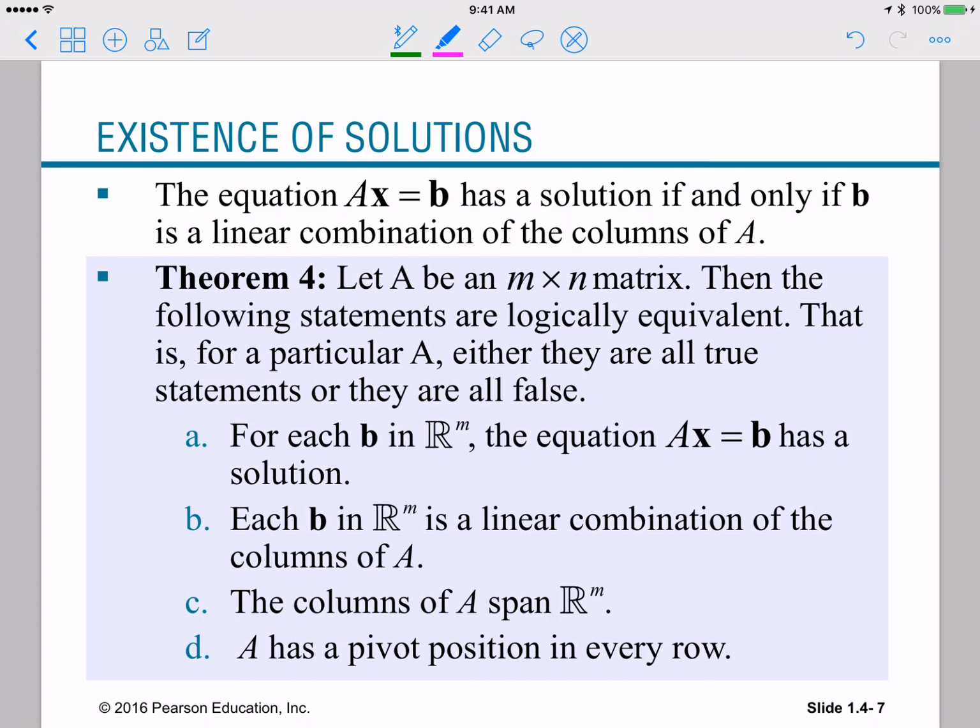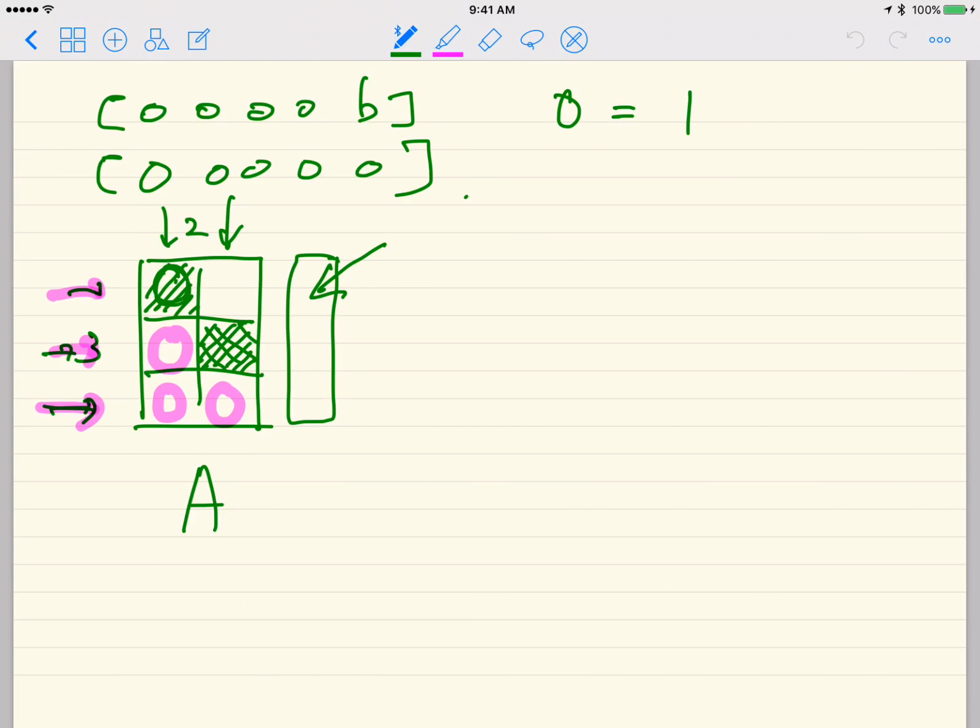So here, what is Rm? This is the dimension of vector B, and in this situation, the vector B is three-dimensional, right?